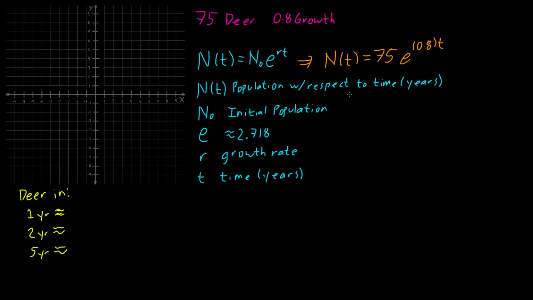All right, so we're going to start going over this. For the first one, n of 1 is 75 e to the 0.8 times 1, and go ahead and calculate that out if you can before me. Again, it's the K key, and what I'm getting for this is 166.9.